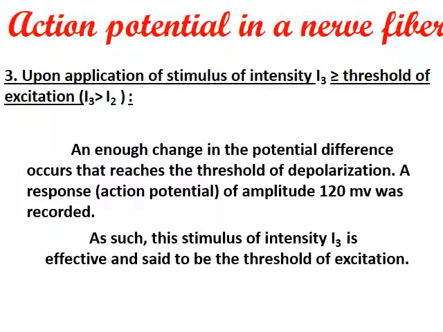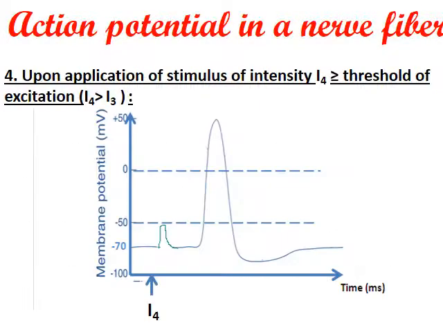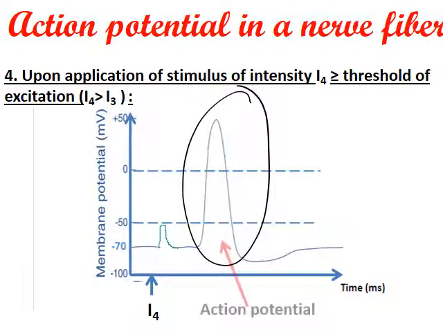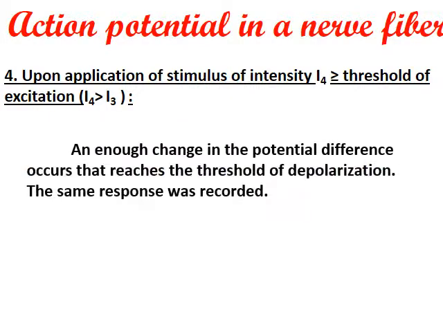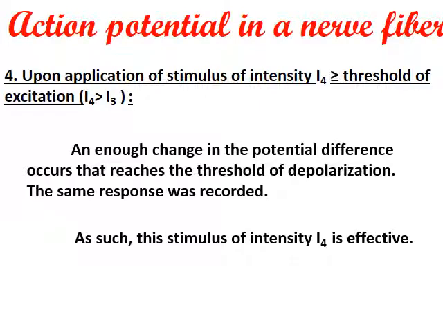This stimulus is said to be effective. While I4 is also greater than or equal to the threshold of excitation, an action potential is also recorded, as enough change in the potential difference occurs to reach the threshold of depolarization. The same response was recorded, so the stimulus is also effective.